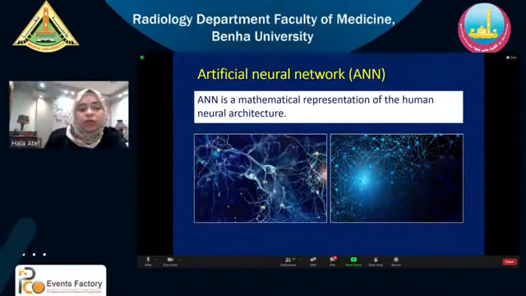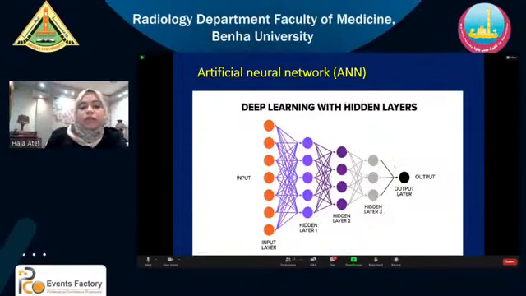As we see here, this is the neuron of the human brain, and this is the perceptron of the artificial neural network. Deep learning depends on artificial neural networks, which are composed of an input layer, multiple hidden layers, and an output layer.